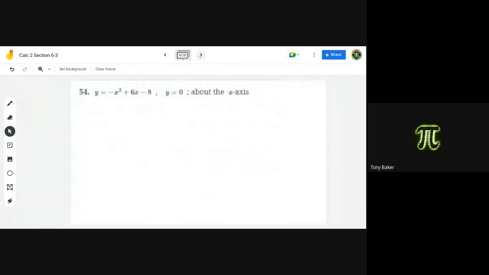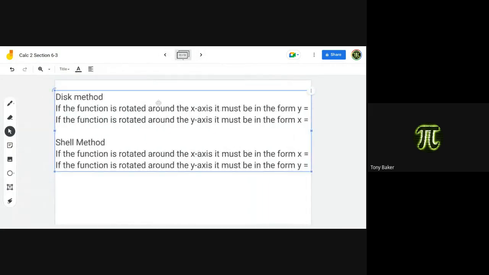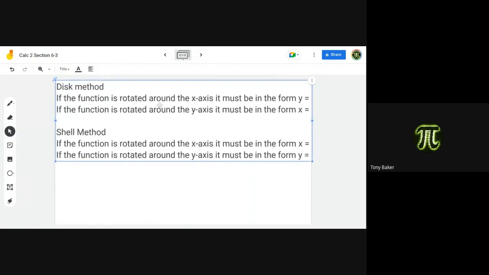So for this little piece, write this down. I was going to put this at the end, but it's perfect now.